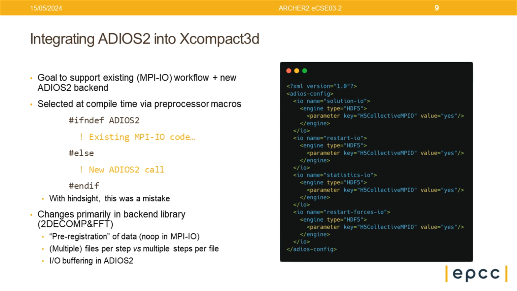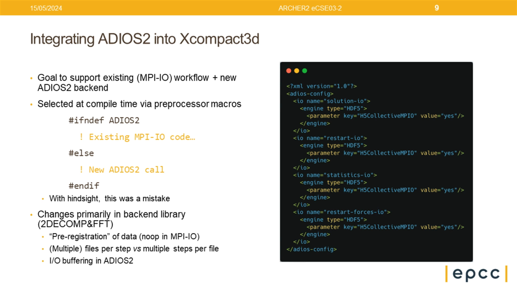We also have to work with some slightly different concepts. Xcompact3D often writes a file per field per time step, whereas ADIOS2, part of its goal is achieving high performance I/O, and it does this by buffering up I/O operations. So rather than synchronously writing immediately, you'll start doing an I/O, and it won't necessarily complete until you close the file.